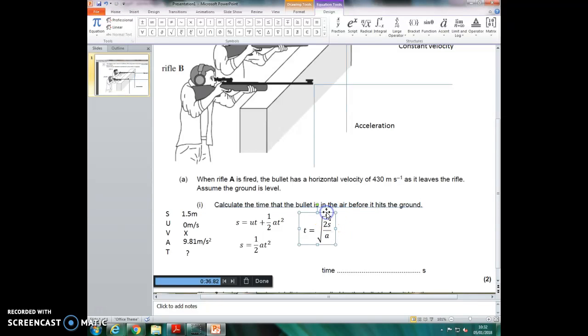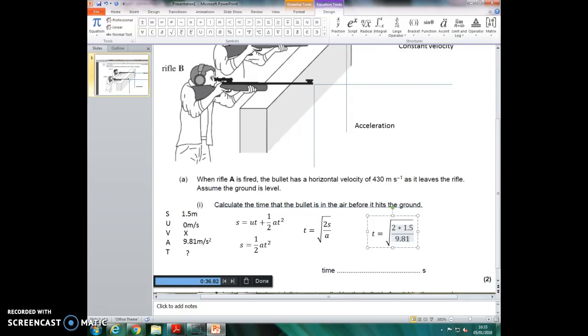So just substitute the values in for that. You see that that's 2 times 1.5 divided by 9.81.